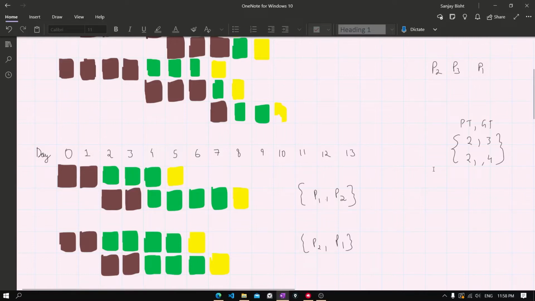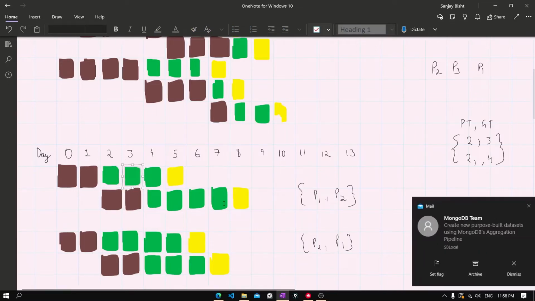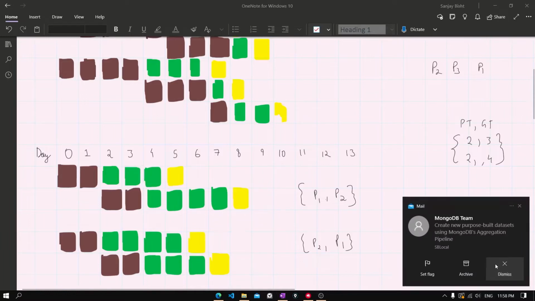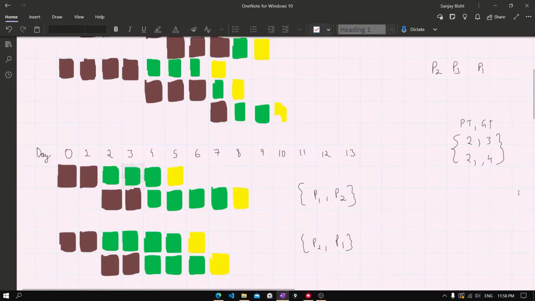So there are only two options: either plant one first, then plant two, or plant two first, then plant one. If we plant one first, it will obviously take two, and then the rest will be for the grow time, and after that it is finishing on 8.